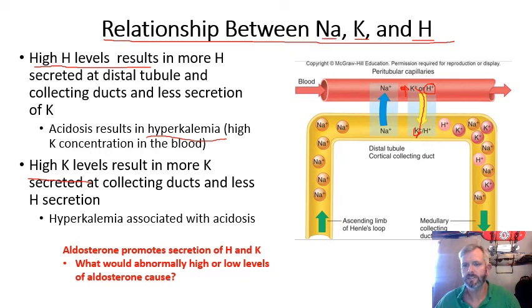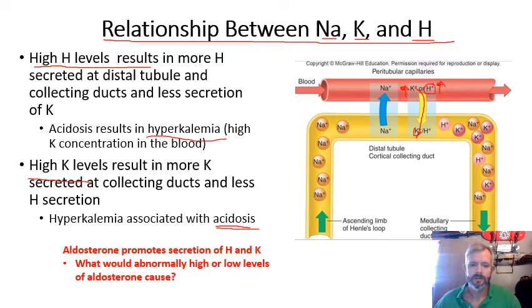So this stays in the blood, and so in the blood the levels of proton goes up, and what happens to blood? It becomes more acidic. So hyperkalemia, if you ate a ton of bananas and socked a bunch of potassium into your blood, you're going to make your blood more acidic.